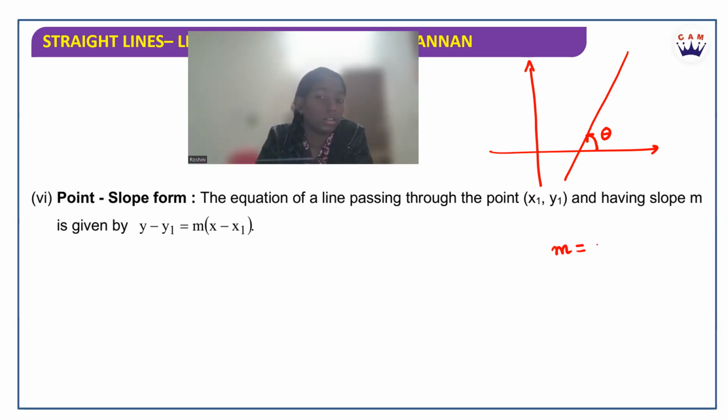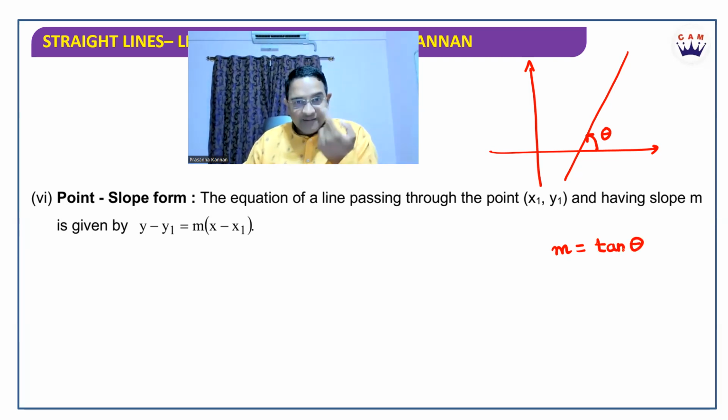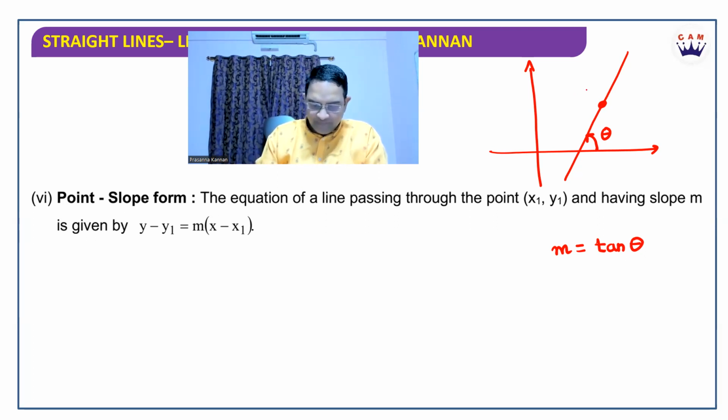Tan theta. Yes, of course. Another way of writing the slope is if I know 2 points on this line. Let's say I have one point which I know, x1, y1, and any general point on this line P is given by x, y.